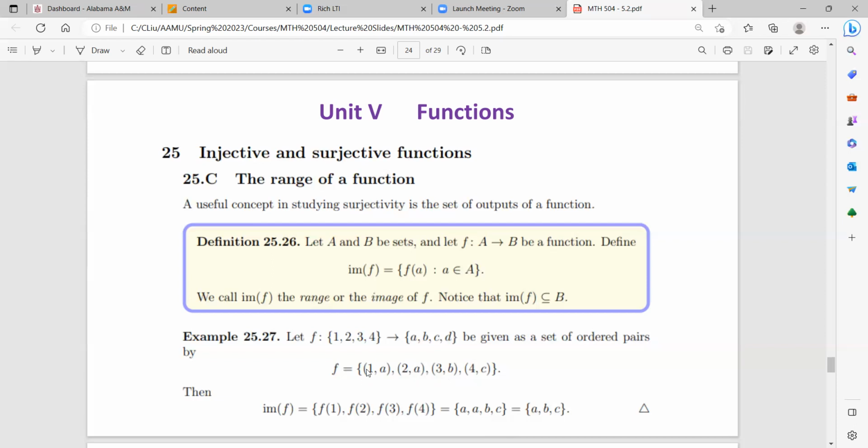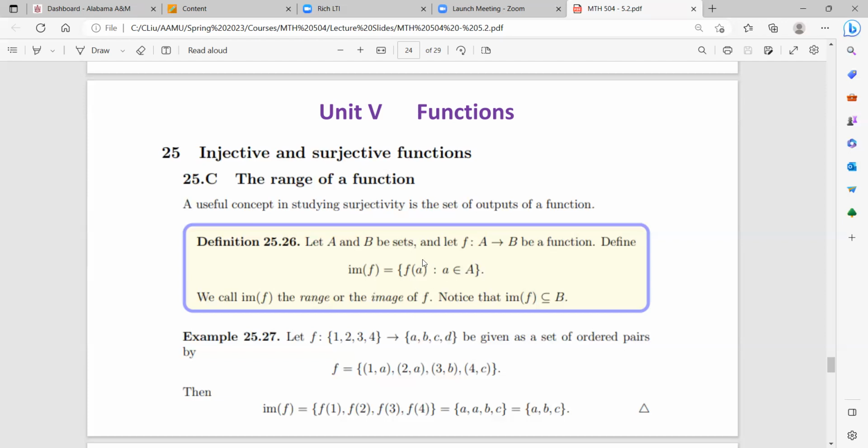The first and the second ordered pairs have the same second coordinate, so you don't count it twice. So the image is just the set {a, b, c}. Or if you want, you can write it as f(1), f(2), f(3), f(4), all the outputs from the domain under the mapping.